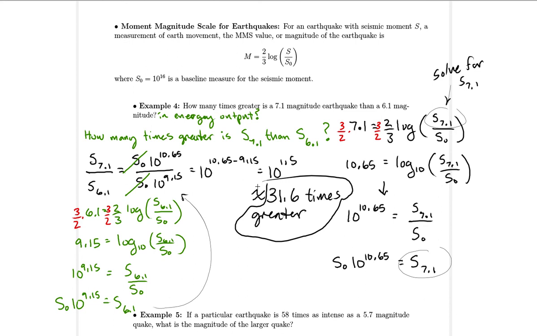And then you talk about a magnitude 6 earthquake, and especially in a developed country where you've got building codes that plan for earthquake proofing, it doesn't seem to do anything. Well, you can kind of see what's happening now. It's 31.6 times greater by going up on the magnitude scale just by 1, from 6.1 to 7.1. So you can see why there's such a difference there.